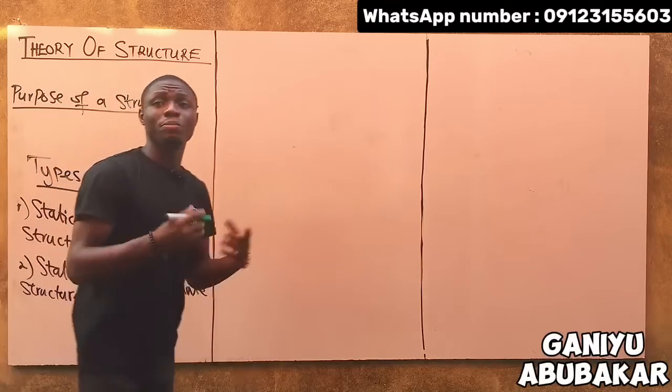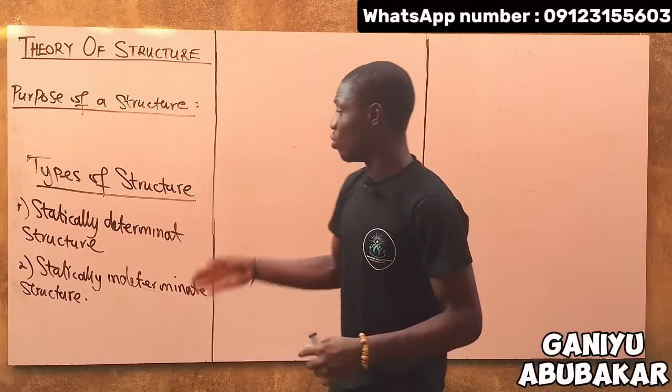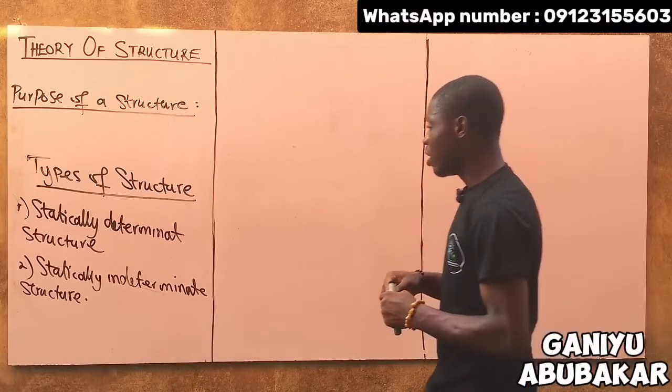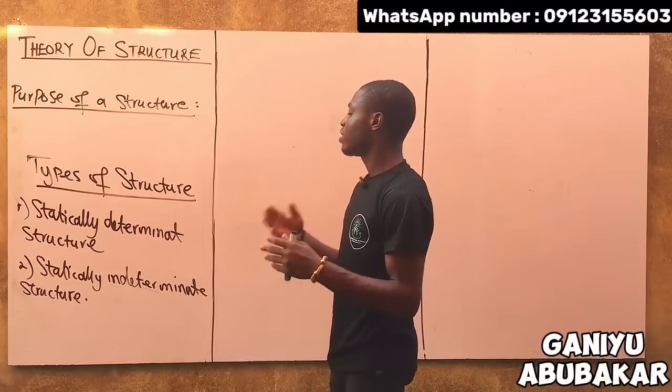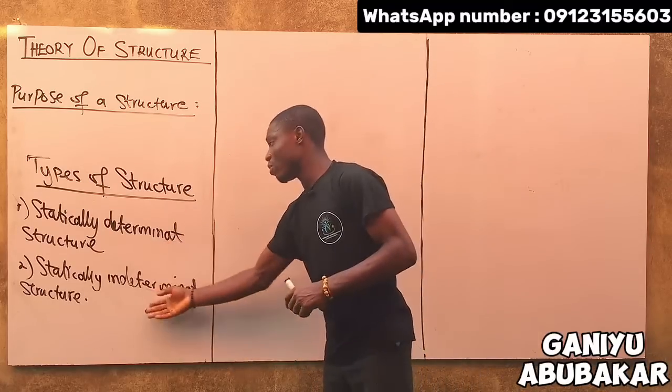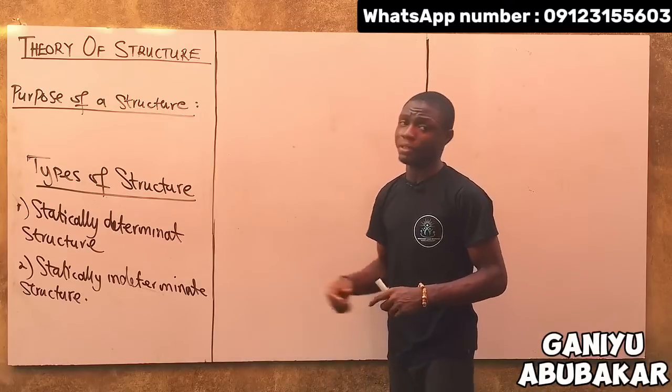So these are the two main types of structure that we have. Number one is the statically determinate structure, and number two is the statically indeterminate structure. Let's take them one after the other and explain what they mean.